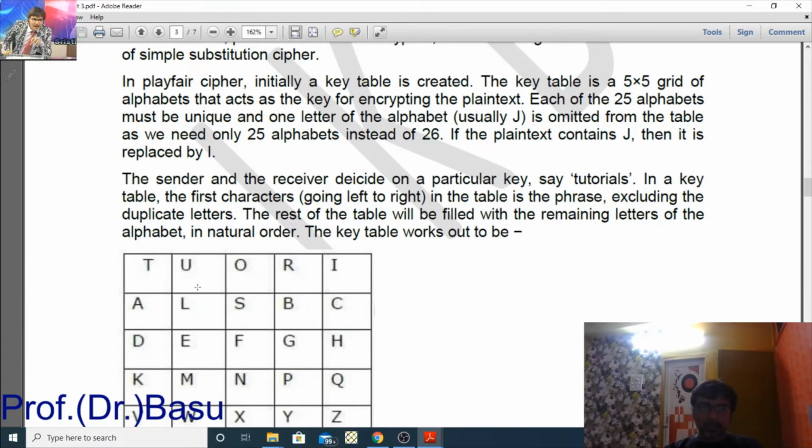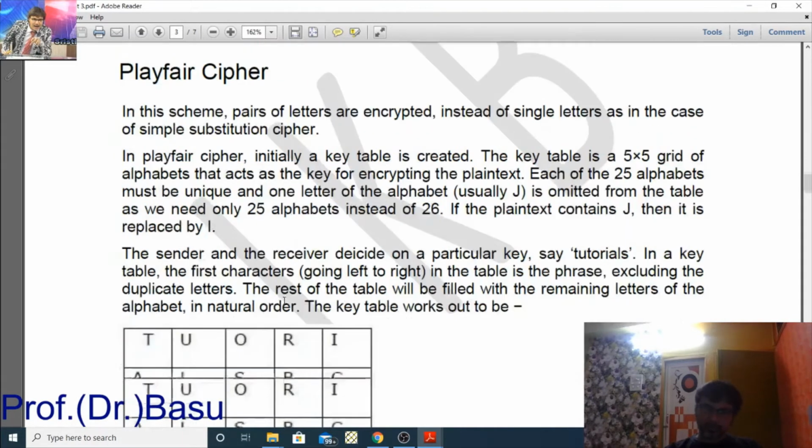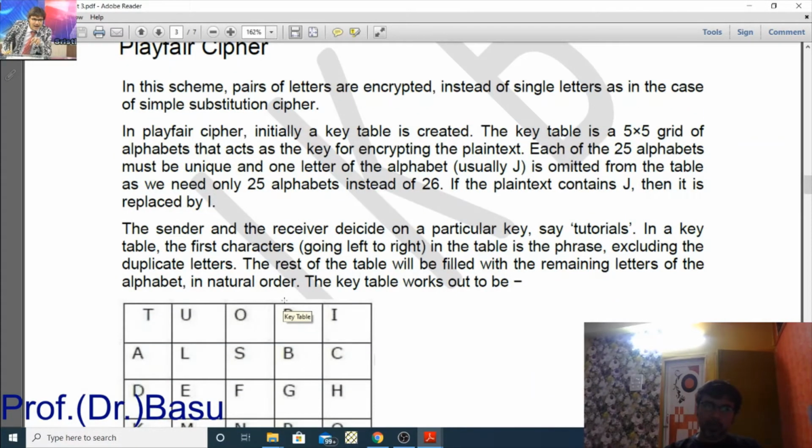See how this key table is generated. I am talking about the Playfair cipher. We used to play the Playfair board in our childhood, no? So the name has been given matching the same pattern or arrangement of the alphabets. Say the key word is tutorial.